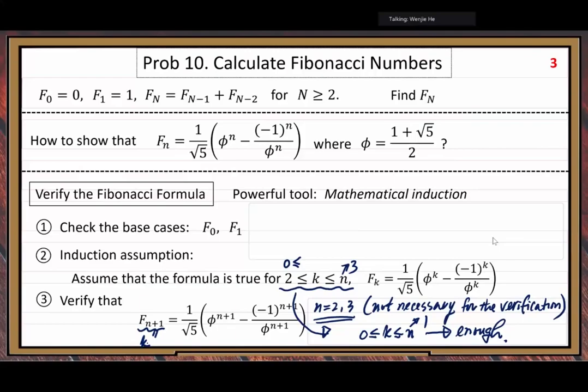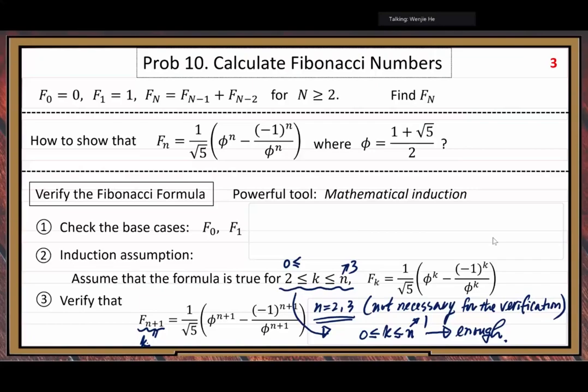What we are doing is just growing the range. When we start, the upper bound of the range is n. After this step, we can change the upper bound from n to n plus 1, because after we show it is correct, we can enlarge the upper bound of the range.